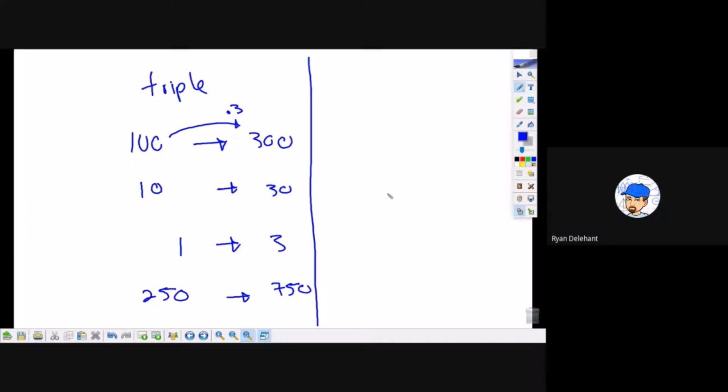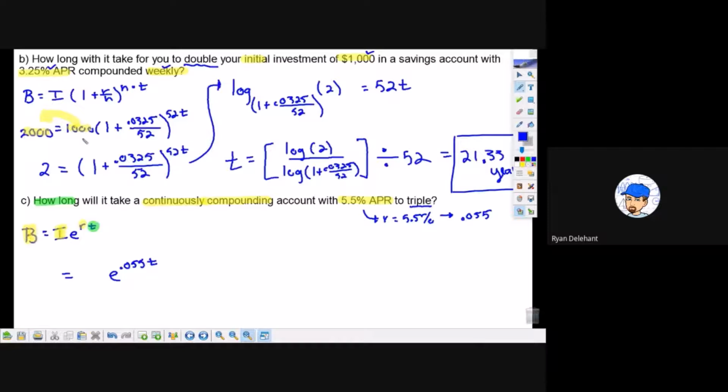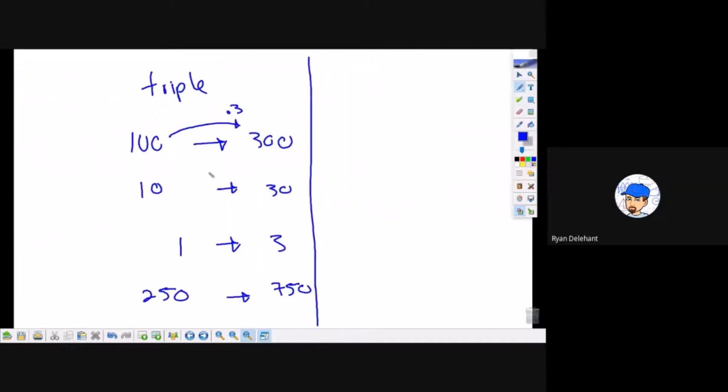Because what was our first step every time? We took the balance and we divided it by the initial. So if this is the initial and this is the balance each time, for each one of these problems, what is the balance divided by the initial? So what is 300 divided by 100? 3.